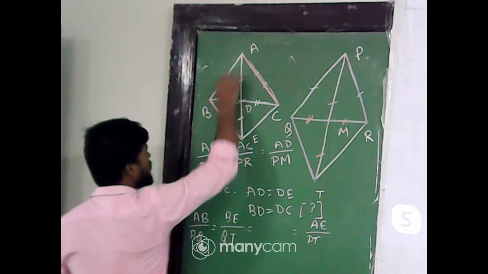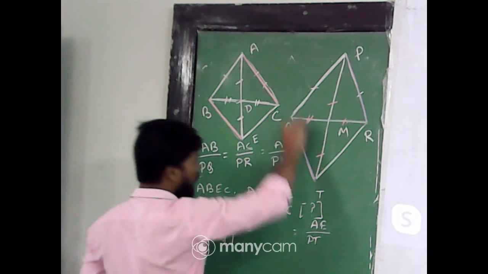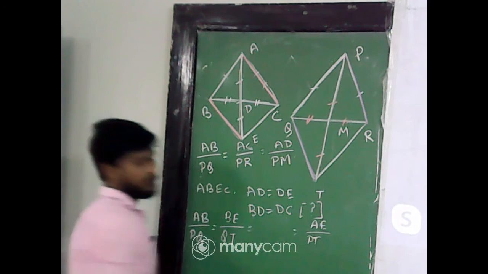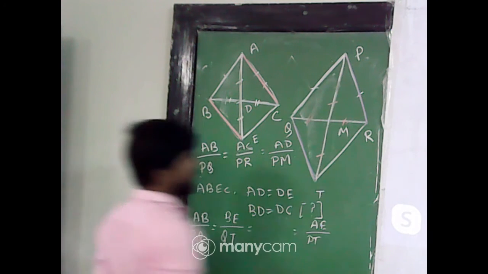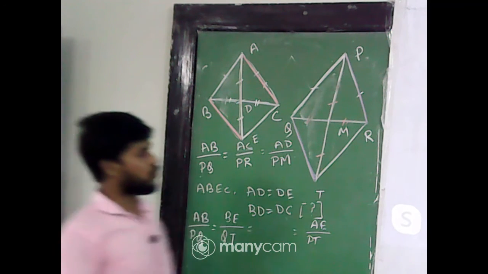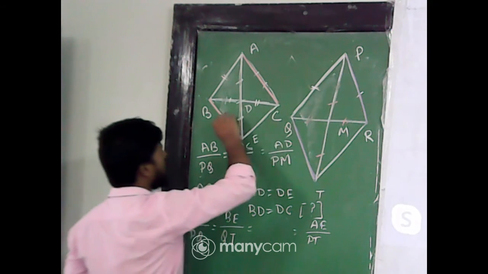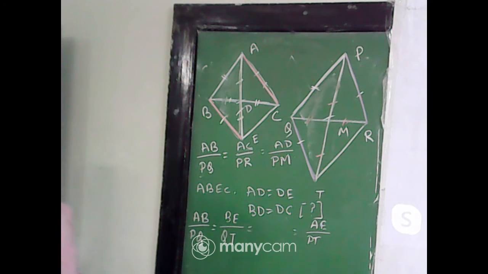Means this side by this side is equal to this side by this side is equal to this side by this side. So now if I compare this triangle and this triangle, ABE and the triangle PQT, we can see the corresponding sides are in the same ratio, and this happens only if the triangles are similar to each other.